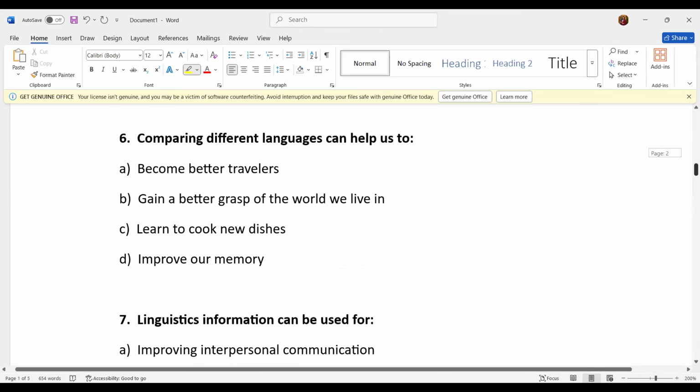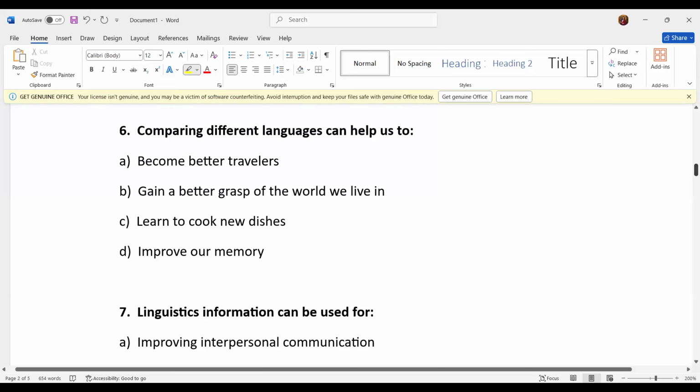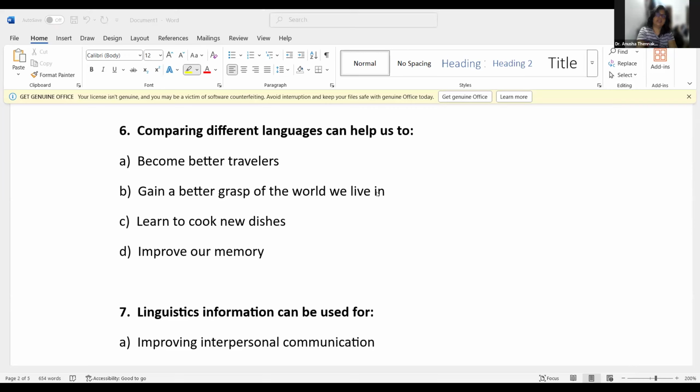Number 6. Comparing different languages can help us to, yes, gain a better grasp of the world we live in.